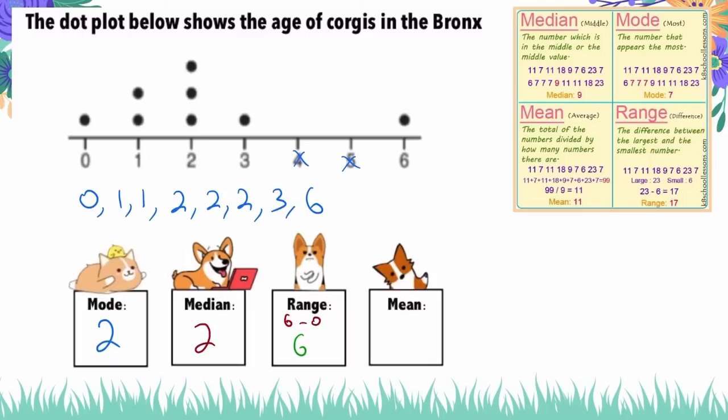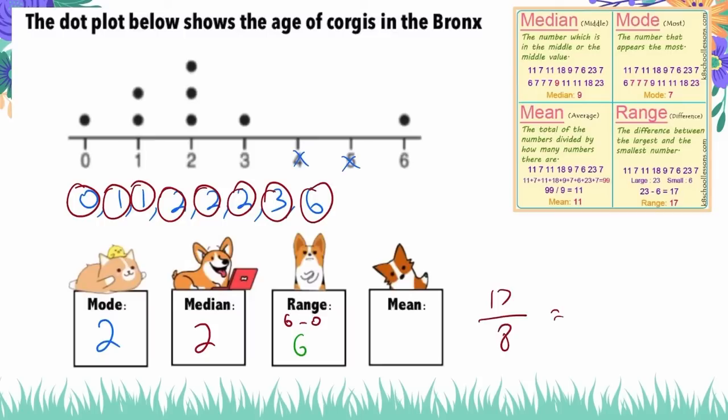So we would add 0 plus 1 plus 1 plus 2 plus 2 plus 2 plus 3 plus 6, and we would get 17, divided by, how many numbers were there? 1, 2, 3, 4, 5, 6, 7, 8. 17 divided by 8, you get 2.125, and I didn't really talk about rounding, so that's good enough.